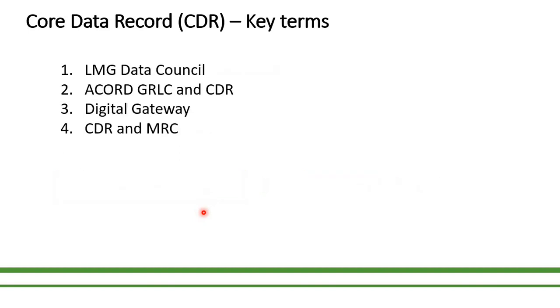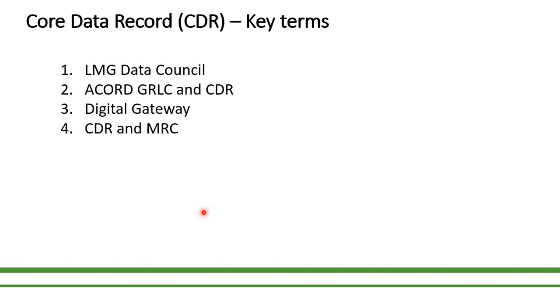Now let's quickly talk about some of the key terms revolving around the CDR. The first is the LMG Data Council. The Data Council was set up in December 2021 by the LMG, or London Market Group, and its core purpose is to drive the digitization of the London market by ensuring the use of standardized, high-quality data between all market participants and their clients.